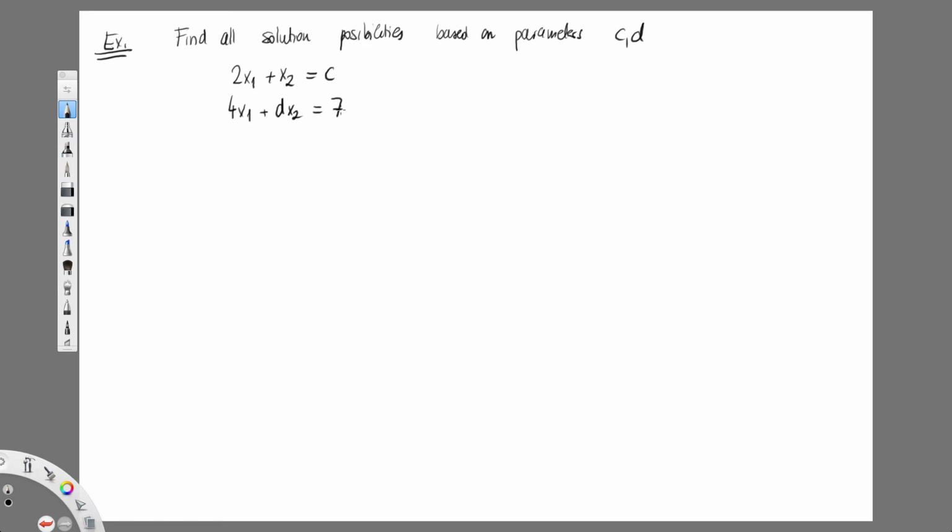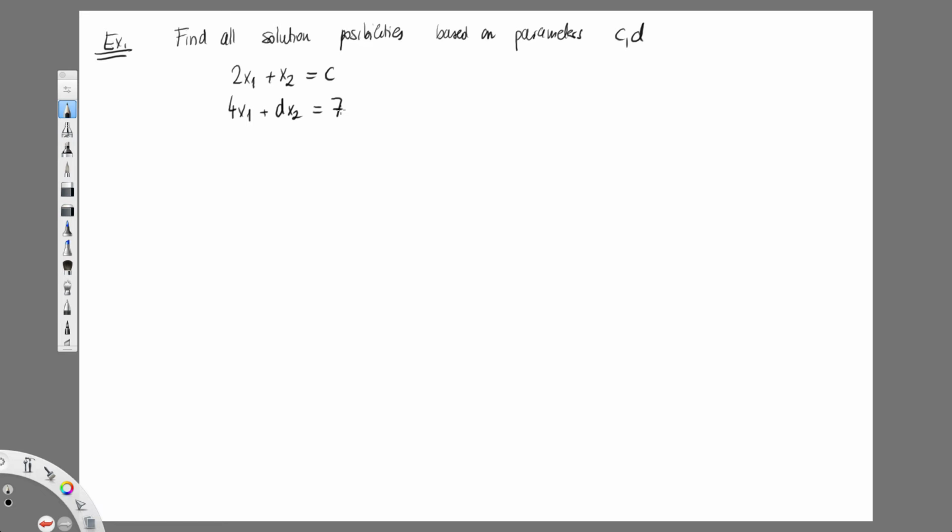So I have C and D that are right now unknown, and I'm just interested in looking at what are all the possibilities for this system. We know that the system could have a unique solution. In this case, that means unique x1 and x2 that are solving the system. Geometrically, that coincides with two lines intersecting at a point.